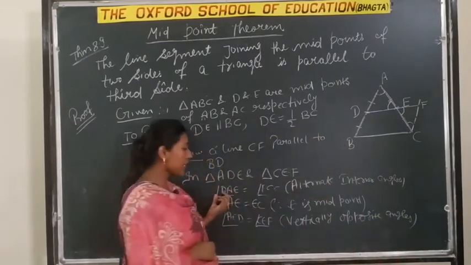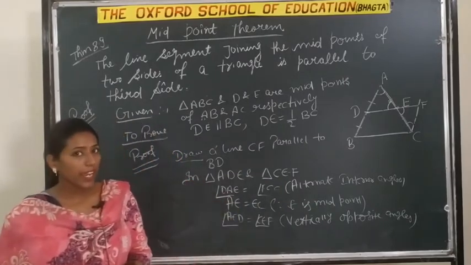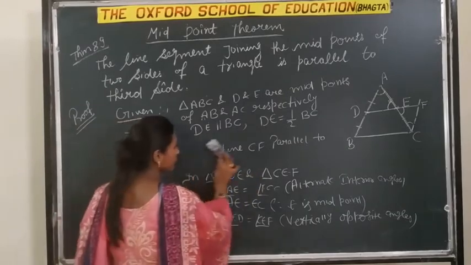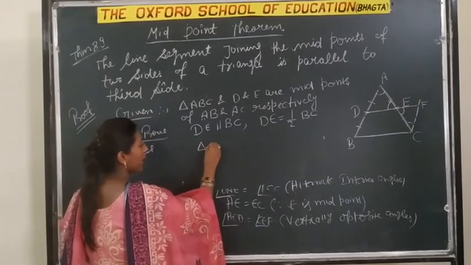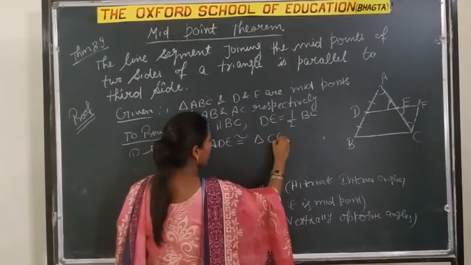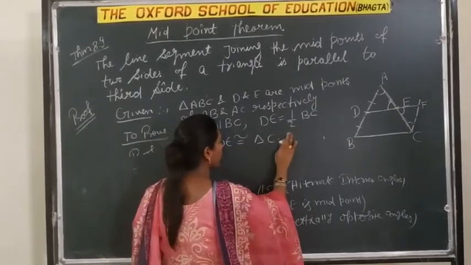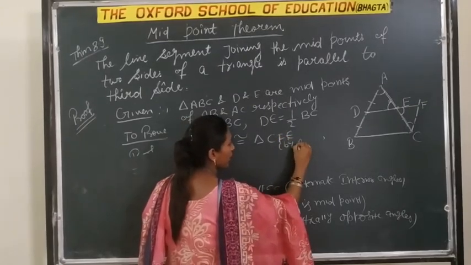So we get three things equal, two angles and one included side. So by the ASA rule, triangle ADE is congruent to triangle CFE.